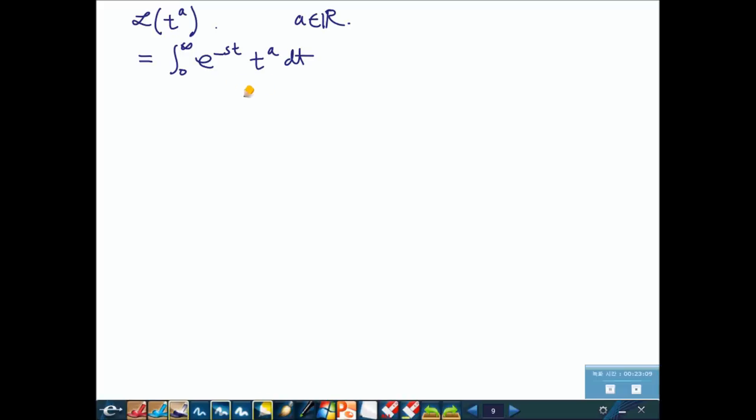That's hard, right? You have to do a substitution first. x is st. Okay, we have an intermediate variable x, that's st. So dx is s dt, right? s is a constant in the time domain integration, right? All right.